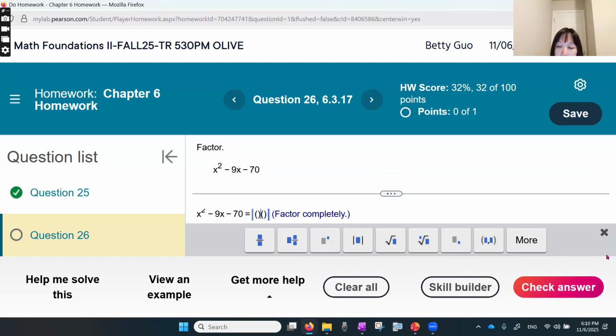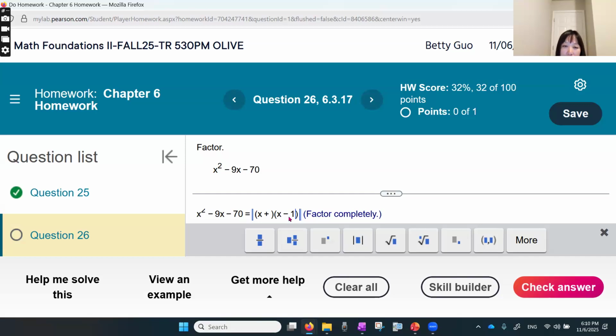This one: 1 positive, 1 negative, x plus, x minus. The negative number has bigger absolute value, right? Think about how we factor 70. 1 times 70, 2 times 35. 3 doesn't work. 4 doesn't work. 5 times what? 14. 5 times 14.